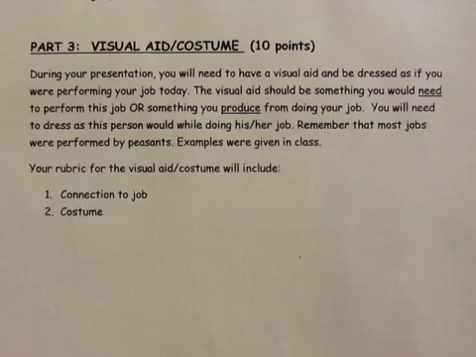The second part of part 3 is a visual aid. Now when you get up to give your presentation, besides being dressed like the person doing this job, you also will have to have a visual aid. The visual aid should be something that you either need to perform this job or something that you produce from doing this job.